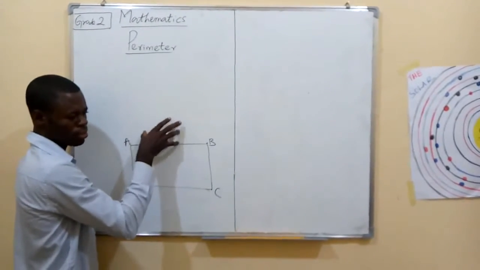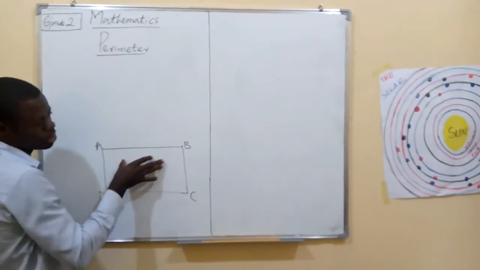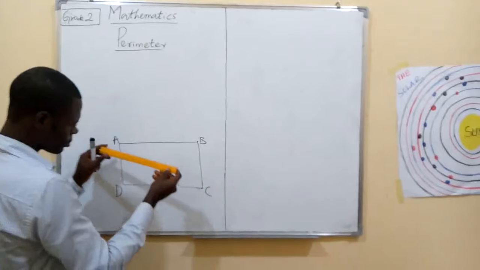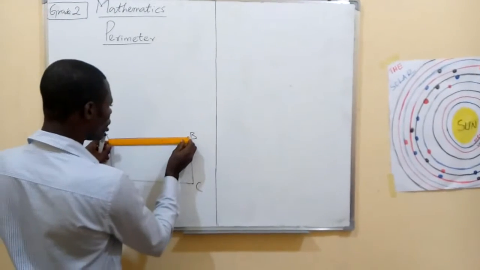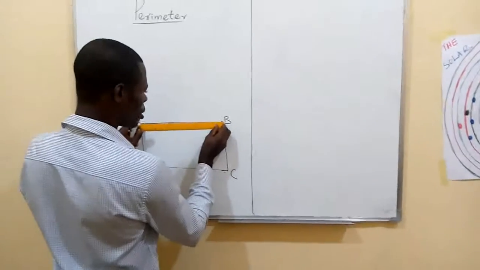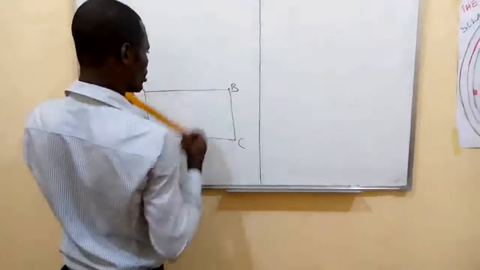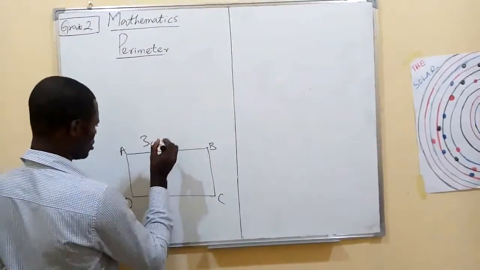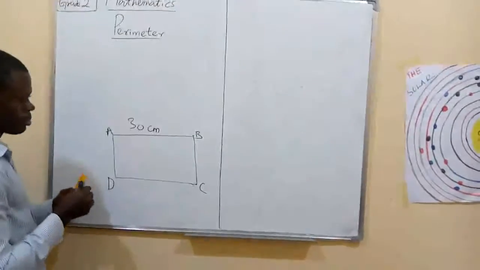You take the length of side AB with your ruler. This is a 30 centimeters ruler. So the length of this side is exactly 30 cm.